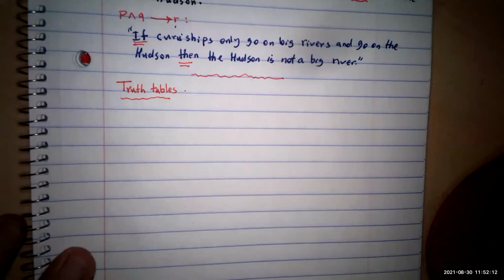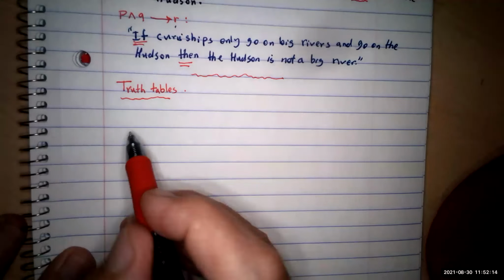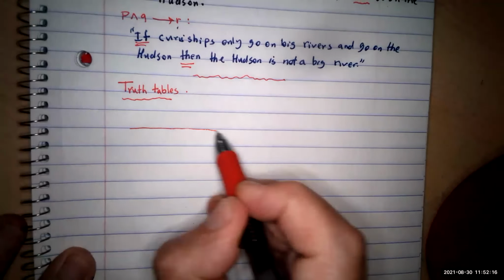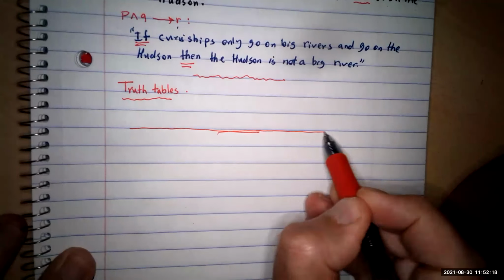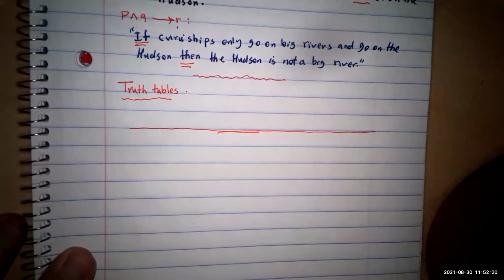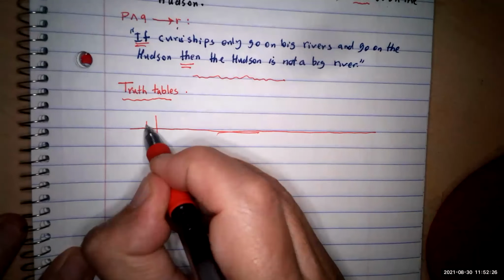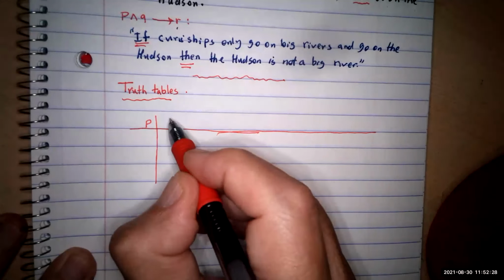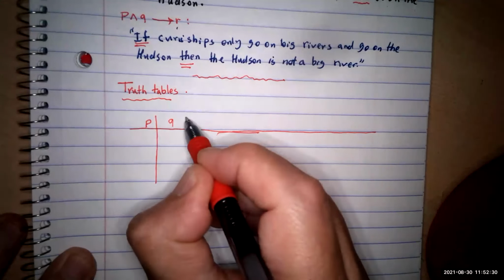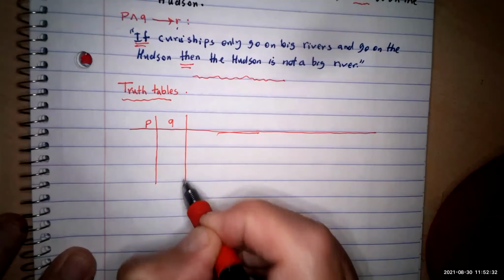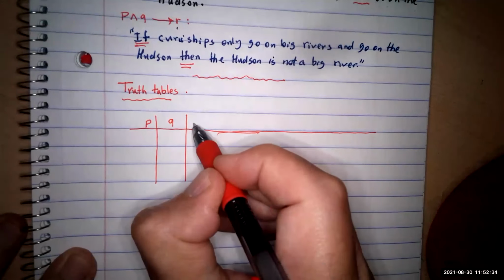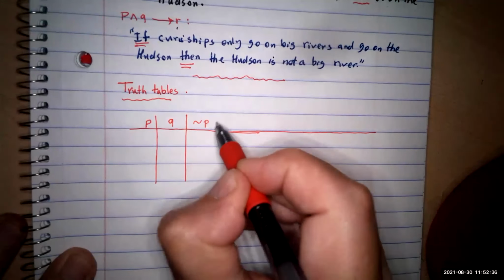Okay, so we need a nice table. Make sure to get enough space. So what I do is I'm going to consider the proposition P. Then I have the Q. So I give you not P, the negation.